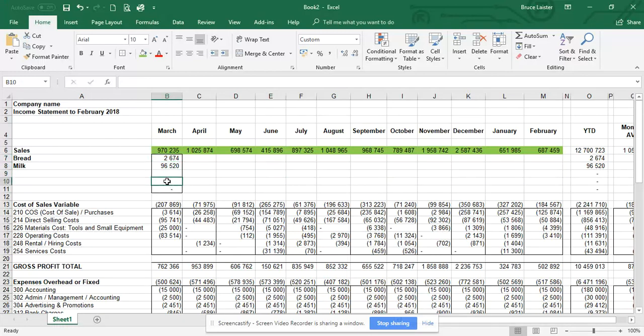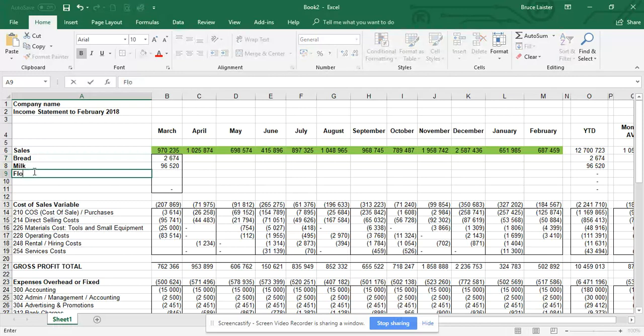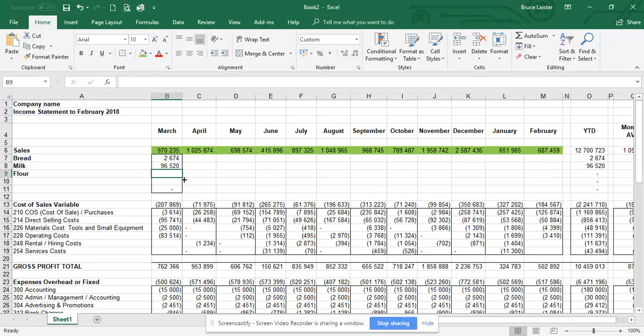Normally 4 or 5 is probably the best, otherwise you're going into pretty detailed reporting, and an income statement is just a basic overview for that period. So you can put in, this company is obviously a manufacturing concern with bread, milk, let's go here, flour. So basically it all goes in here and adds up at the end of the year.